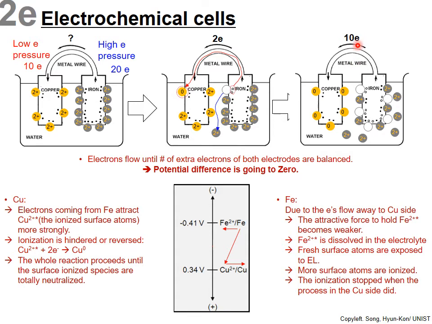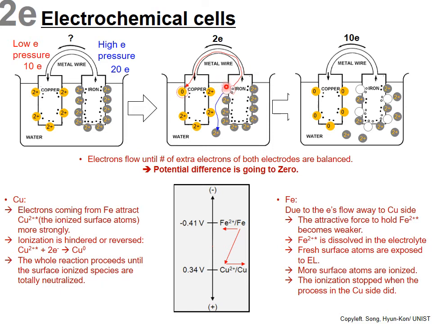Let me check what happens on the Fe side. Due to the electrons flowing away to the copper side, the attractive force to hold Fe2 plus on the surface becomes weaker. Then Fe2 plus surface species is dissolved in the electrolyte.